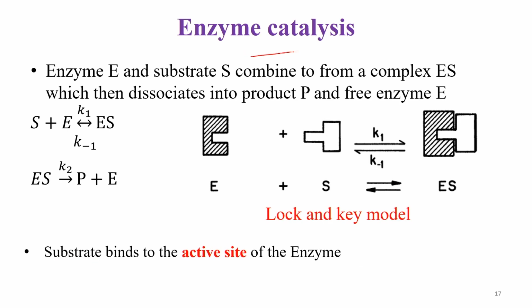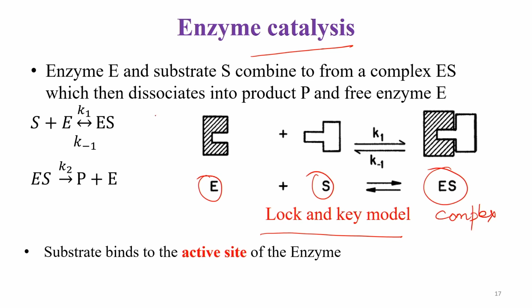Now once we have discussed the enzyme, how does it work? As it is very specific, the simplest model is the lock and key model. E is the enzyme, it binds with the substrate and forms the enzyme substrate complex. This is step 1, and in step 2 the enzyme substrate complex dissociates into product plus enzyme.